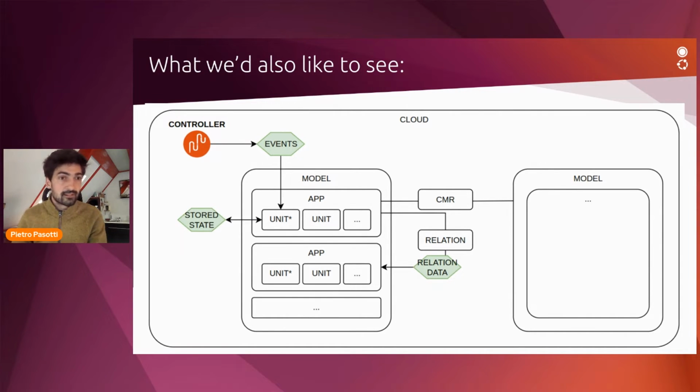We talk of data bags typically, so we want to see the raw data structure inside this little shared database, which is a relation. And thirdly, we would like to see the stored state, which is again a persisted storage that is one of the only ways for a charm to maintain some state across executions.